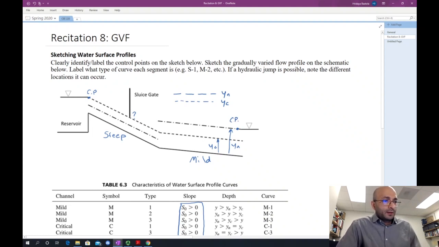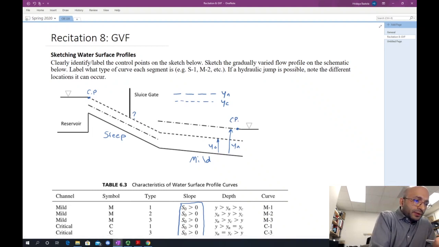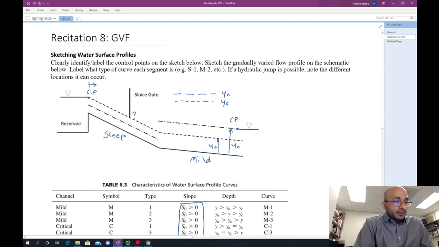Another important thing is that for steep channels, disturbances in water travel downstream because the Froude number is larger than 1. Our adjustment to water level is going to be downstream from that point.